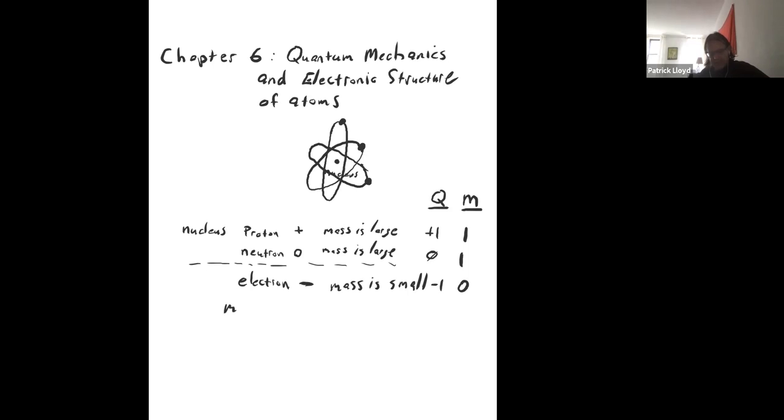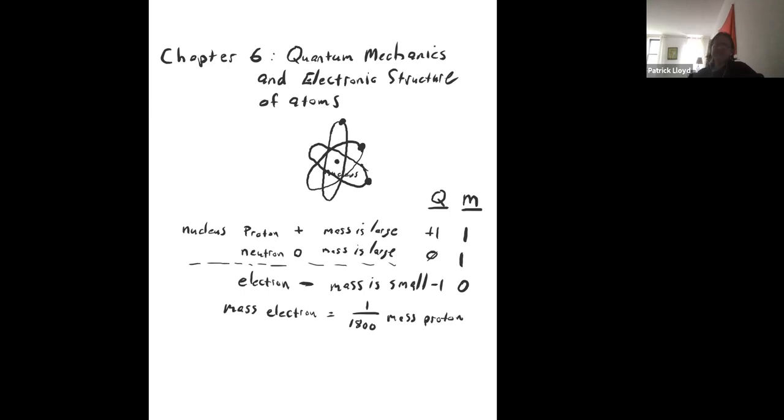The mass of an electron is equal to 1/1800 the mass of the proton. It's about 1/1800. So it's pretty small. So it's not exactly 0, but the mass number for the electron is 0 because it's so small.